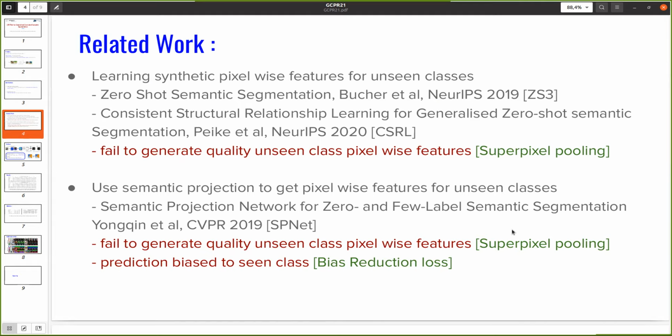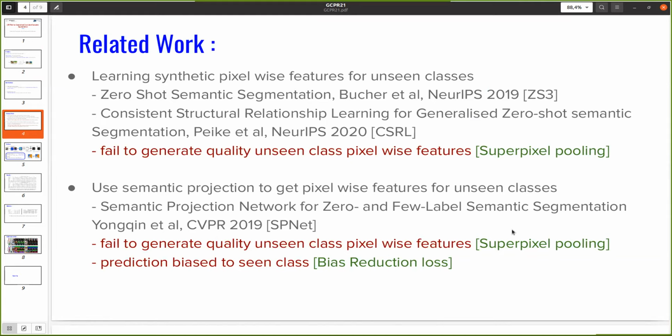One is the ZS3 paper, which is zero-shot semantic segmentation, which was published in NeurIPS 19. And the next one is the CSRL paper, which is consistent structural relationship learning for generalized zero-shot semantic segmentation, which was published in NeurIPS 20. So both of these papers failed to generate quality unseen class pixel-wise features, and we aim to solve this problem with the help of our superpixel pooling module.